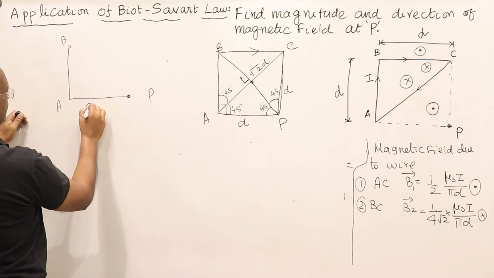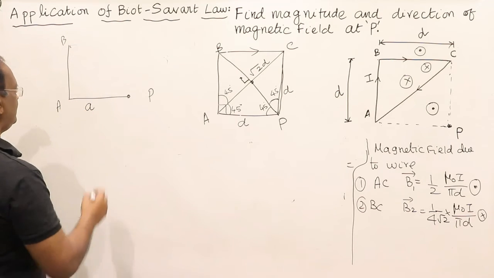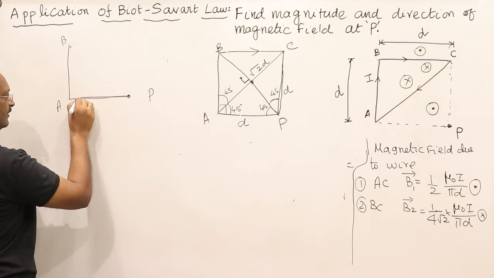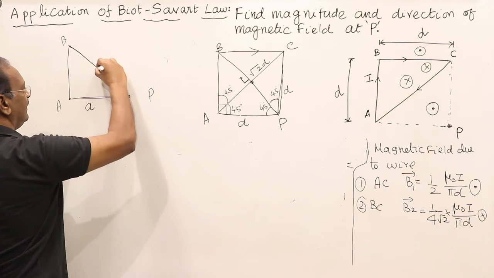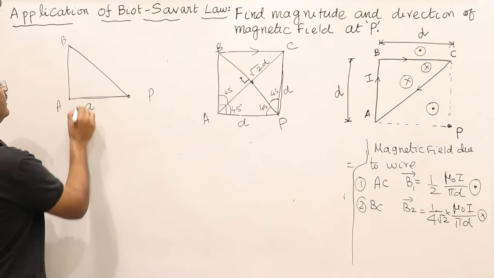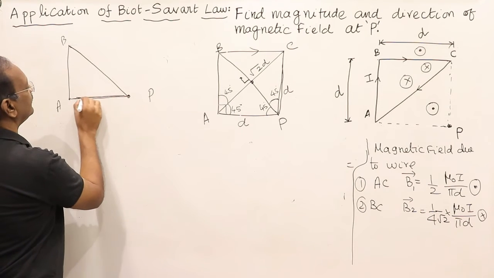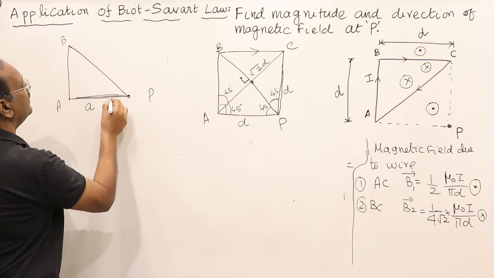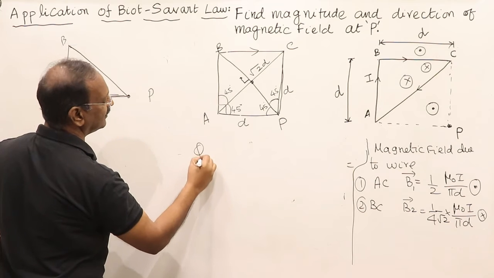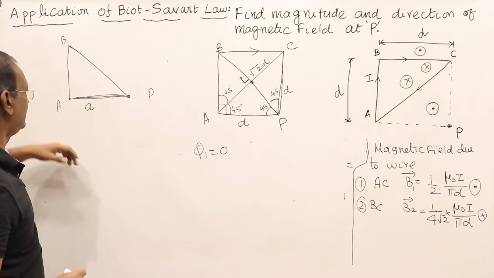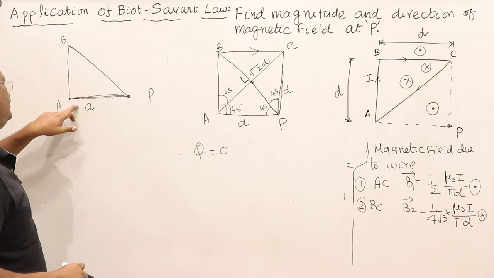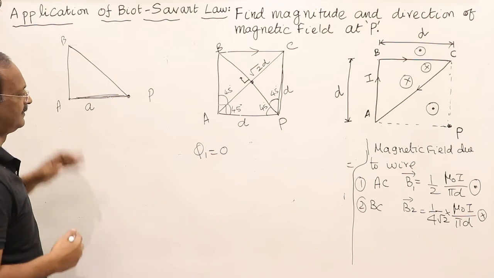This is perpendicular, this will be A. And we join P with one end and P with the other end, and we measure the angle. This is the reference line and this line is making an angle of theta. So phi 1 is equal to 0, because the angle between the reference line and the line joining P with one end is equal to 0.